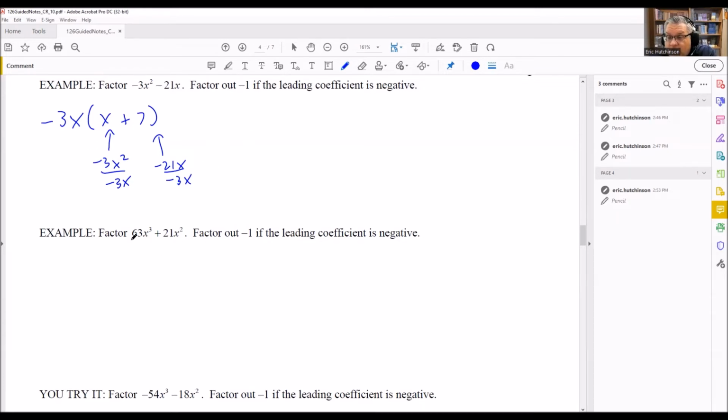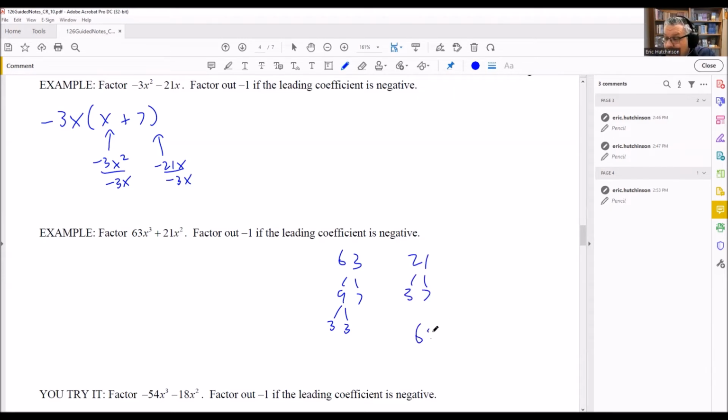Okay, so the next one, we don't have any negatives to deal with here, but we still have to deal with the 63 and the 21. So if you're not sure about what to pull out, of course, you can always do factor trees again, like I'm going to do here. So 63 is 9 times 7, or 3 times 3 times 7 we have there. And then 21 would just be 3 and 7, and that's all we can do on that.